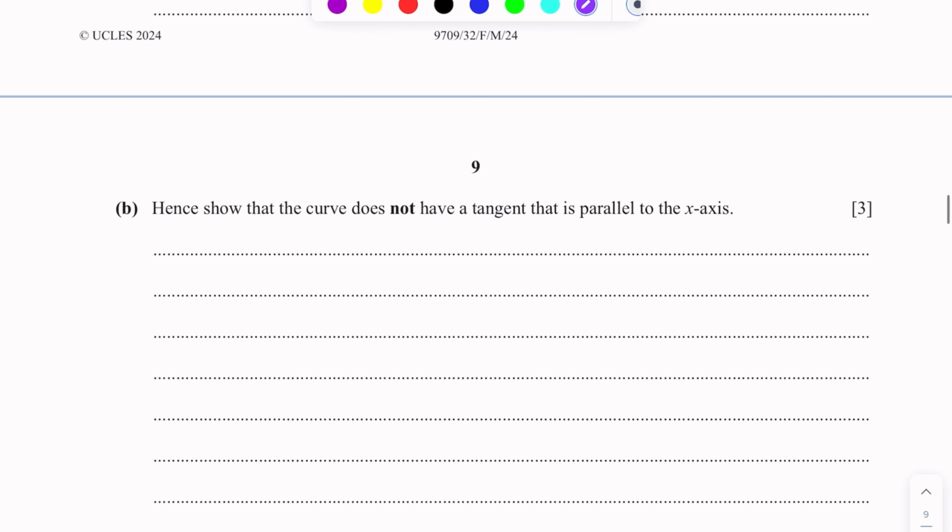And the next part B of this question: hence show that the curve does not have a tangent that is parallel to x-axis. A tangent parallel to x-axis means the gradient is 0. The diagram can be something like this.